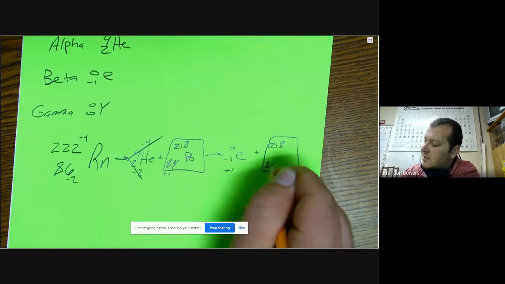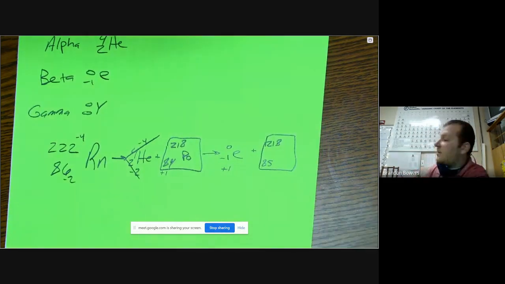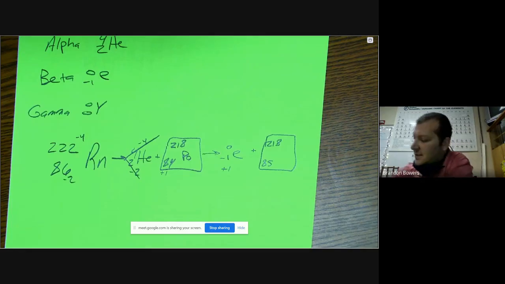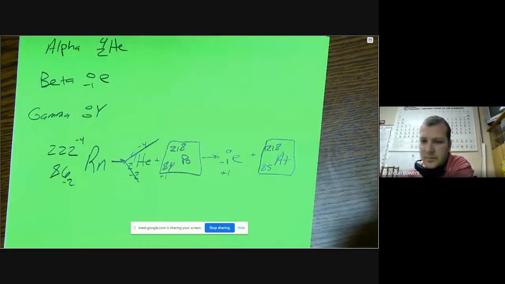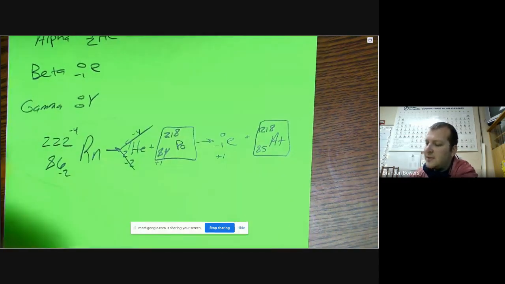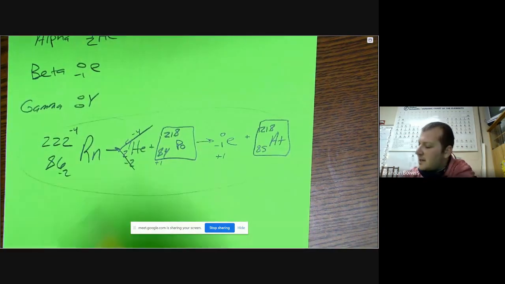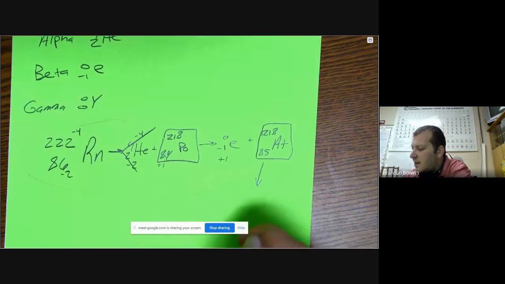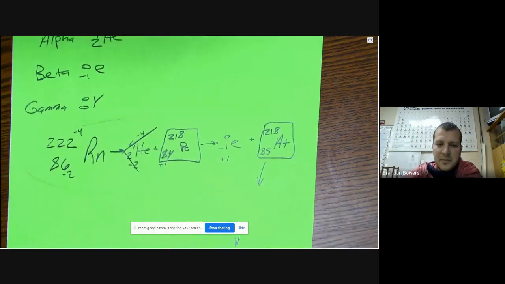So the bottom number is 85. So for 85, our element will be astatine. And that's what a decay series looks like. And then it goes under another one, and then another one, and then another one.